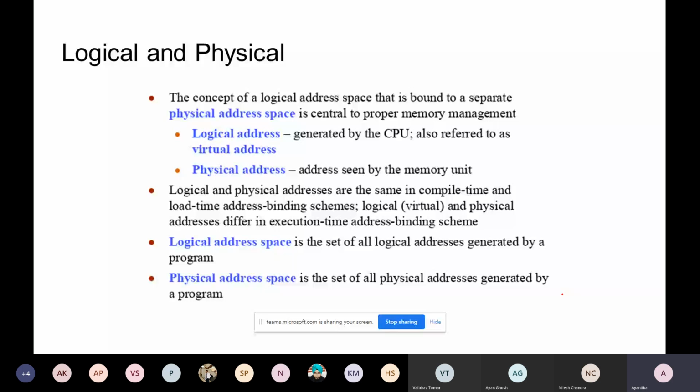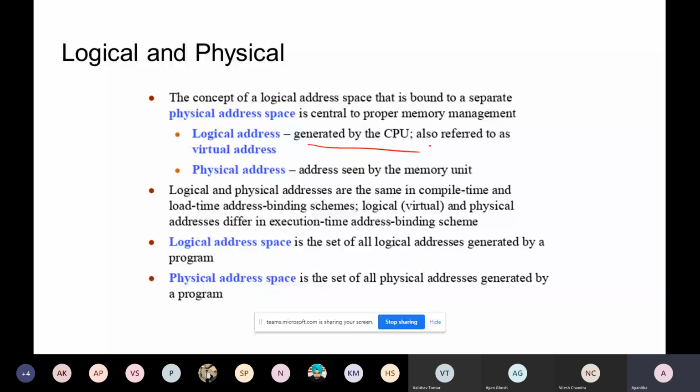But actually that logical address space may or may not be the same size as your physical address space. What does it mean? This logical address space is generated by your CPU, which is why we consider it as virtual address space. It is directly related to your software, but that is not exactly what is getting mapped to your backend actual hardware memory unit.